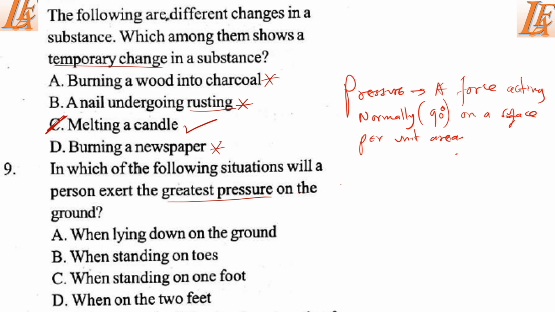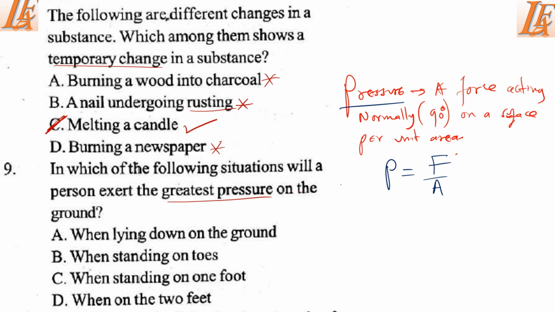So if we write this in a formula, pressure, P, is a force divided by area. So this means if area is small, then pressure is going to be high. If area is maximum or is more, then pressure is going to be low.